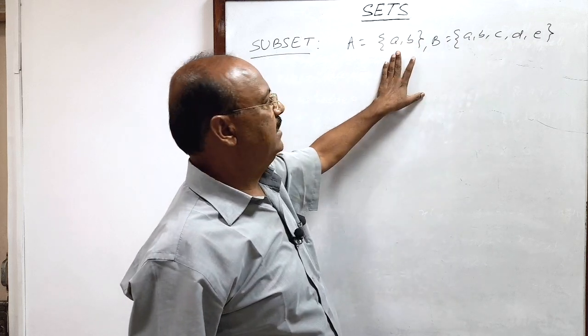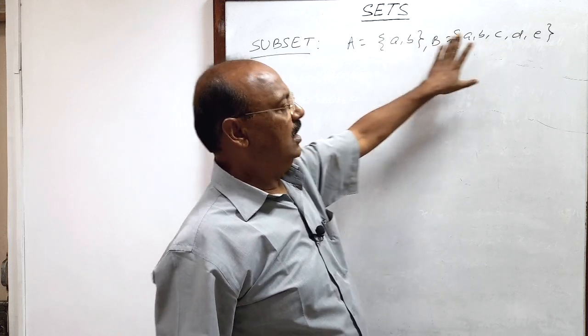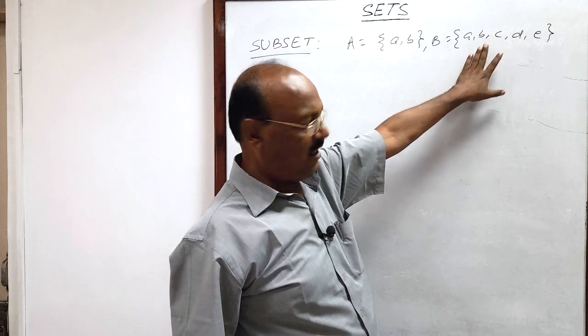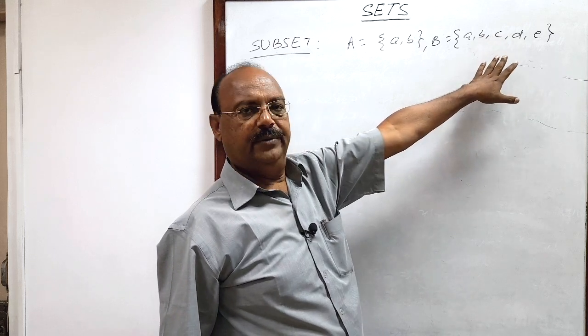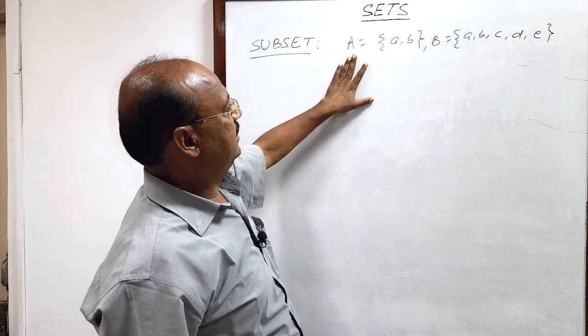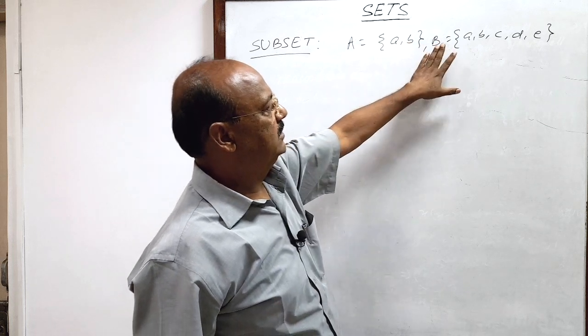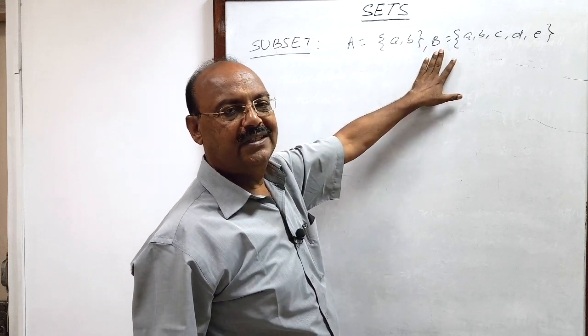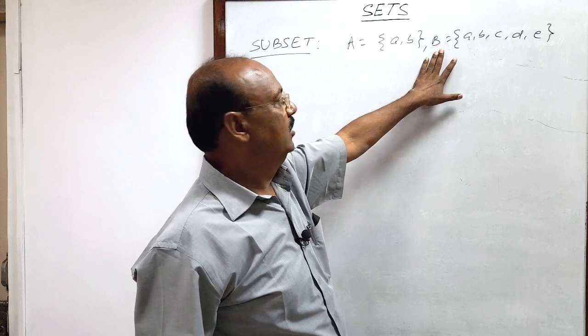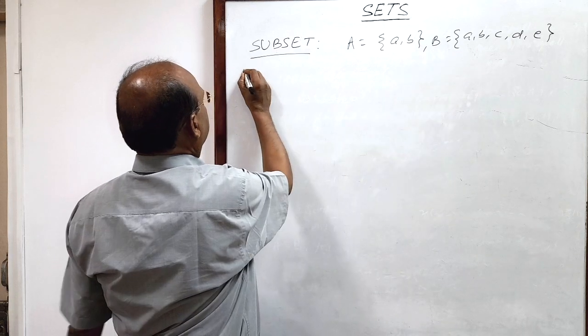All the elements of set A are present in set B. In this case, set A is called subset of set B. So, how can we define it?